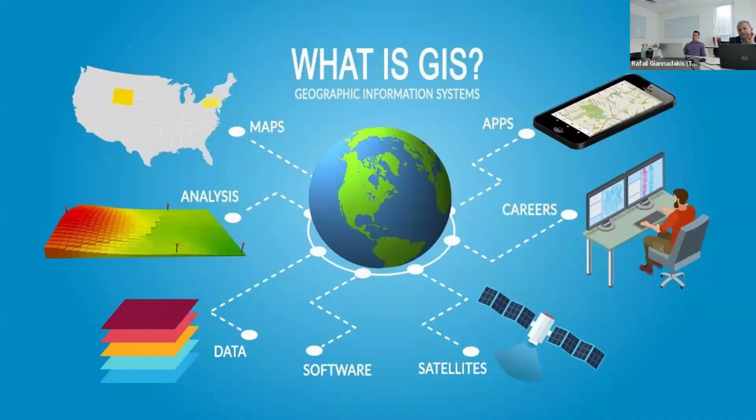So if we ask what is a GIS, your mind's first thing is maps. But you can also imagine all these other applications for your mobile phone, carriers.